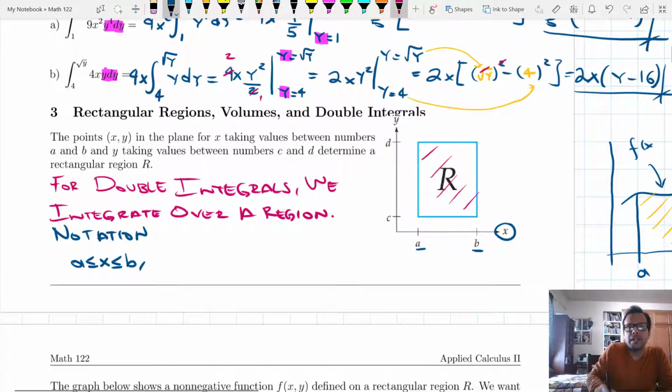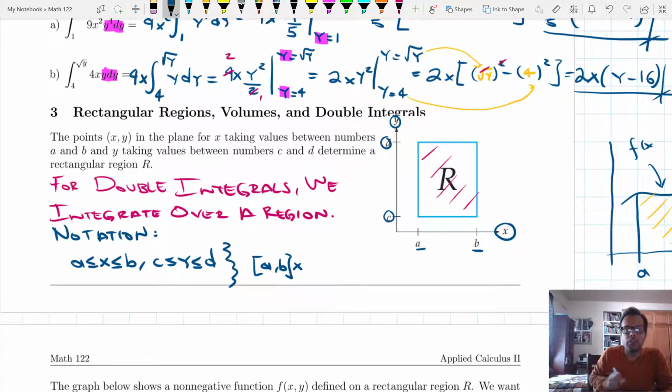And on the other hand, we have C to D on the y-axis. That's one way to denote it. There is another way to denote using interval notation, A going to B, and then a multiplication sign, C to D. So that's the other way to denote regions.